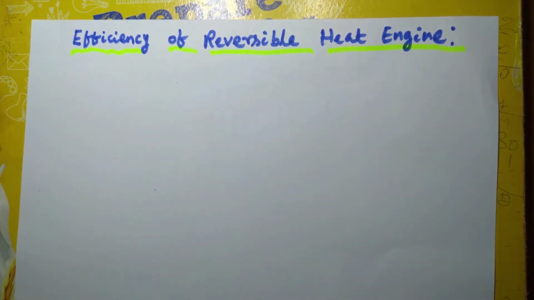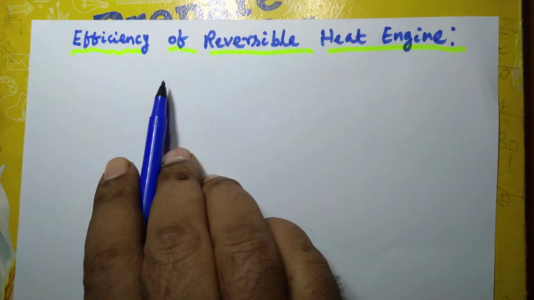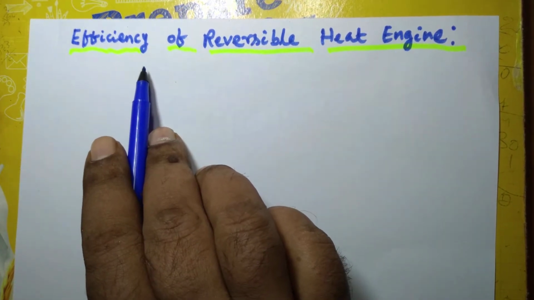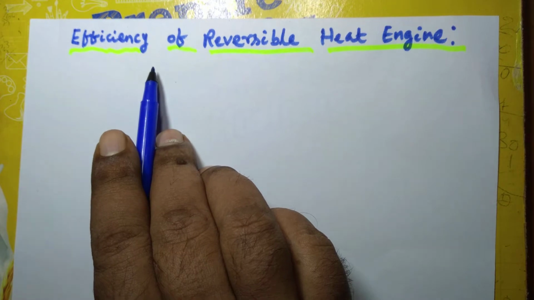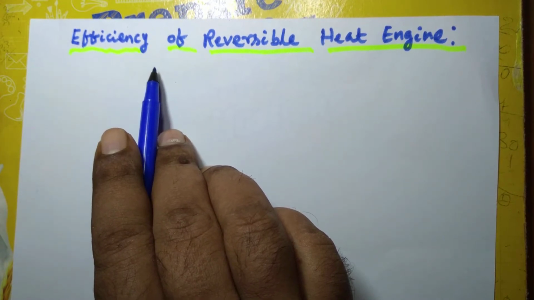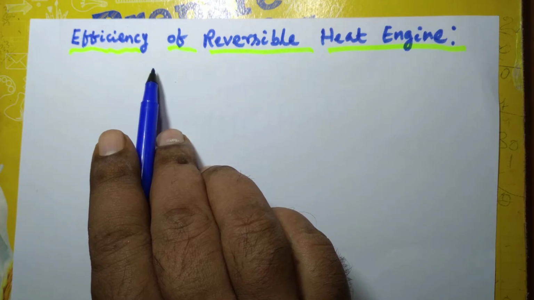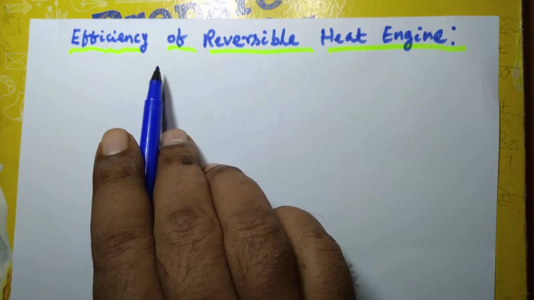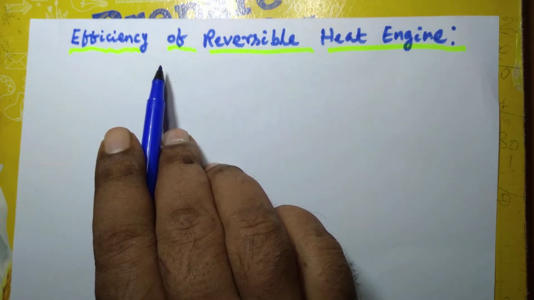In this class I am going to discuss reversible cyclic devices. Reversible cyclic devices can be a reversible heat engine, a reversible refrigerator, or a reversible heat pump. Cyclic heat engines are work producing devices, whereas refrigerators and heat pumps are work consuming devices.